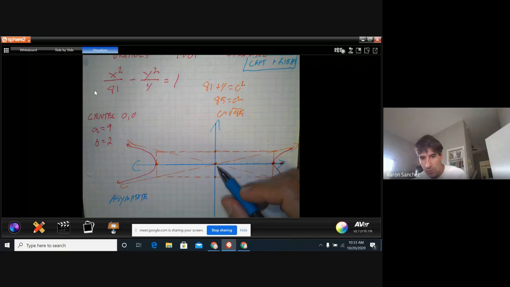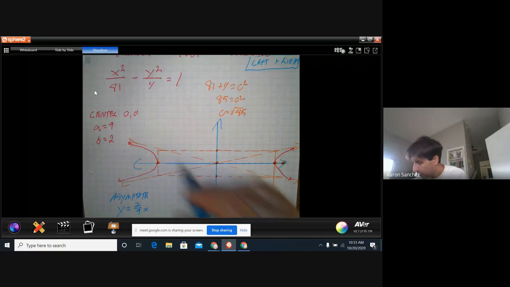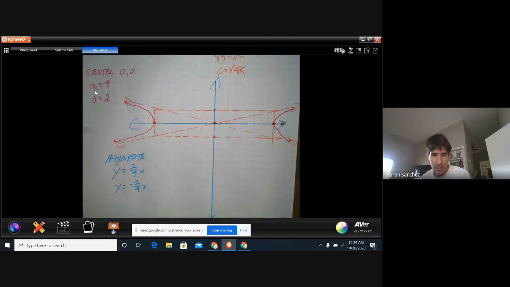To go from here, I go up 1, 2, and over 9, right? So y equals 2 over 9 x, and my y-intercept is 0 for this one. And this asymptote is y equals negative 2 over 9 x plus 0. That's it.